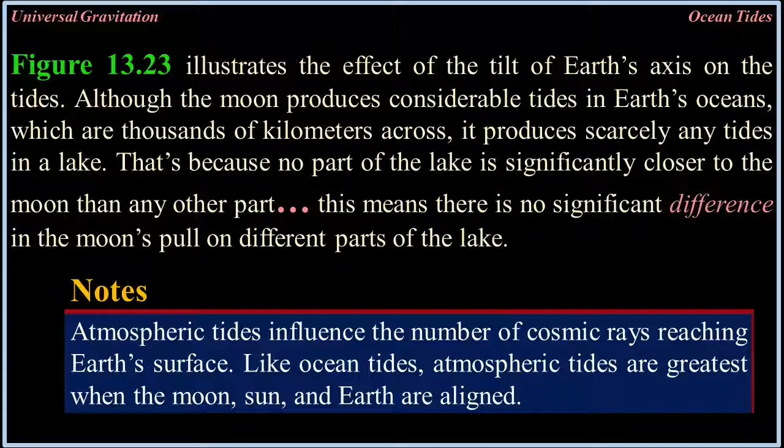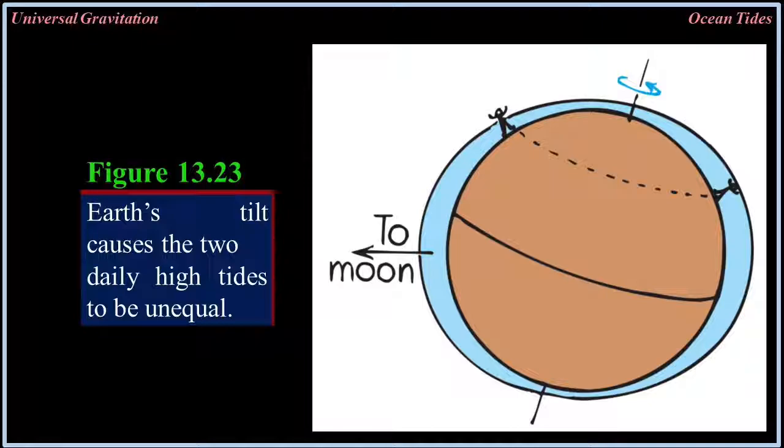Notes: atmospheric tides influence the number of cosmic rays reaching Earth's surface. Like ocean tides, atmospheric tides are greatest when the moon, sun, and Earth are aligned. Figure 13.23. Earth's tilt causes the two daily high tides to be unequal.